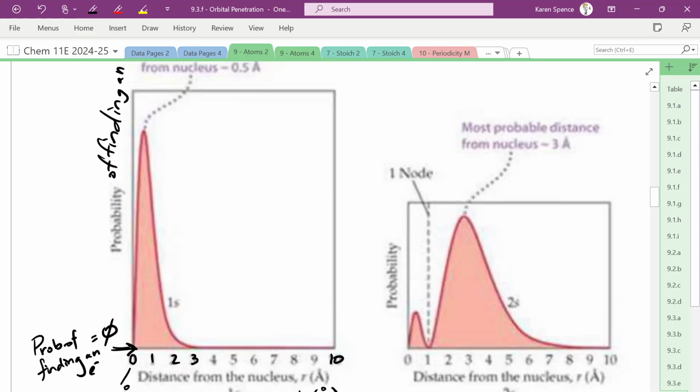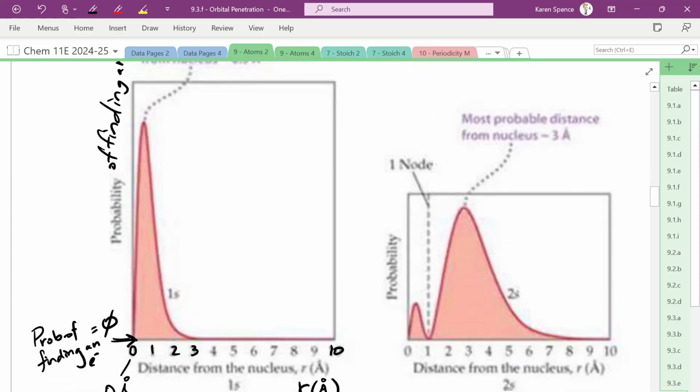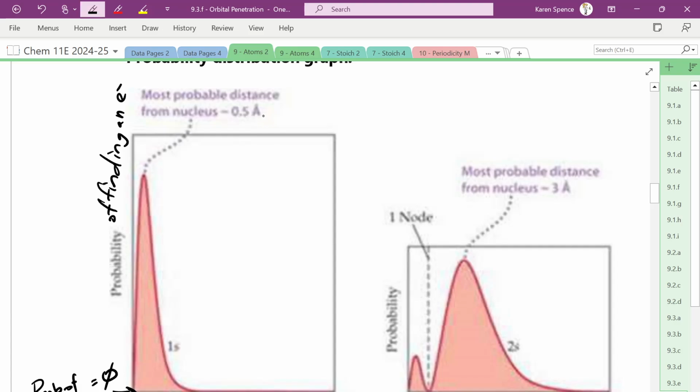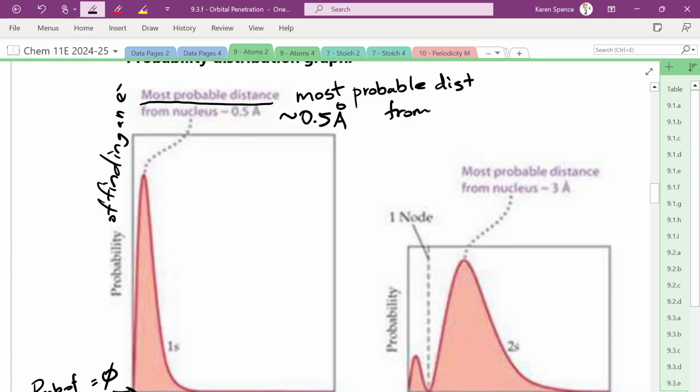Now, at about 0.5 angstroms, so the most probable distance is approximately 0.5 angstroms. That's where you are most likely to find an electron. And I'm going to rewrite this because it's so fuzzy I can't really read it. Most probable distance from nucleus.